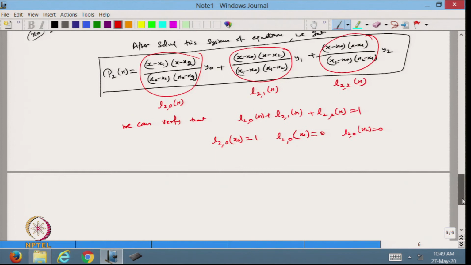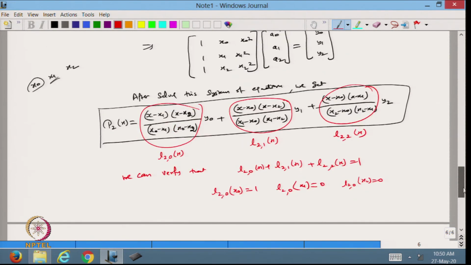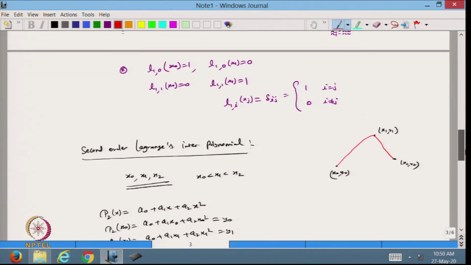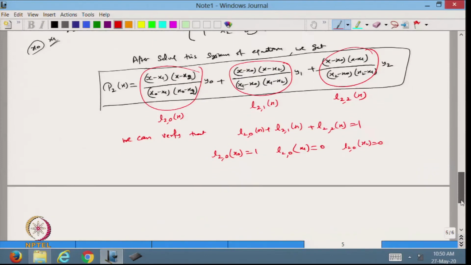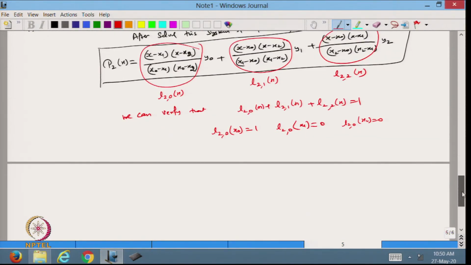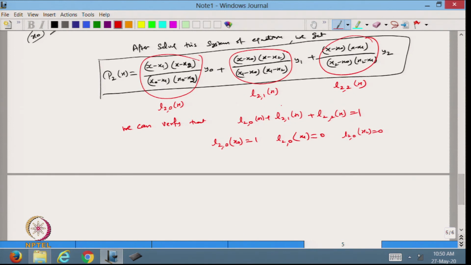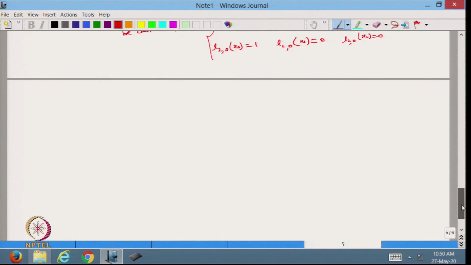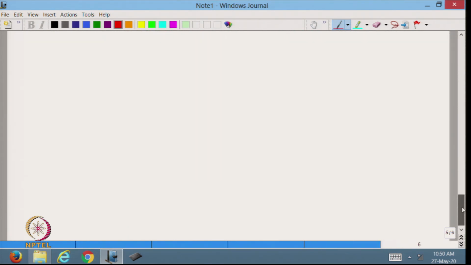So from here you can say that this is also satisfying the second property of the delta function we have defined. So based on this we can write the quadratic interpolating polynomial whose coefficients, the fundamental Lagrange polynomials, satisfy the corresponding conditions for the coefficients.